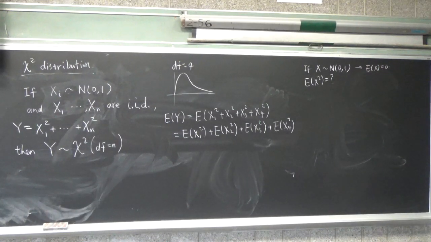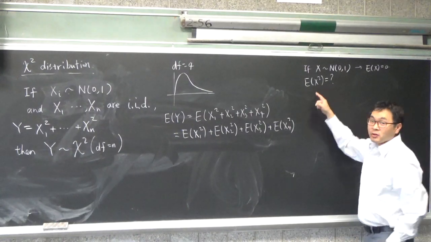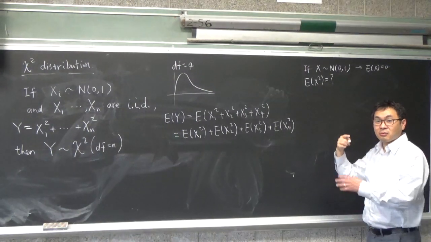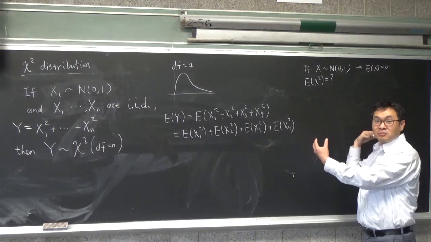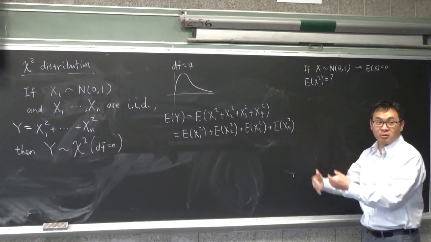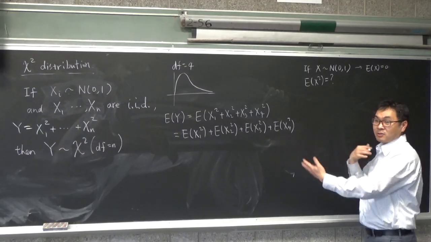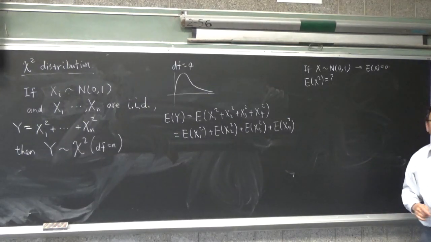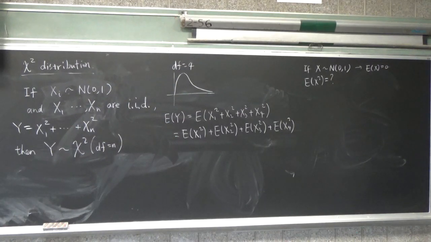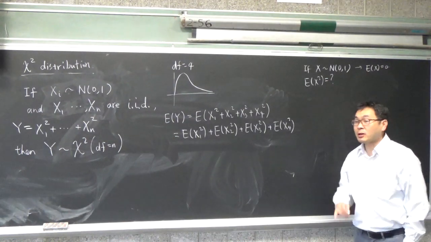What would E of x squared be? It can't be 0, because if you square something, it's always positive. You have random numbers drawn from the positive side, so you can't have the average as 0. To get average 0, you would need something positive and negative, right? So what do you think E of x squared is? Any good guess? 1. Why do you think so?